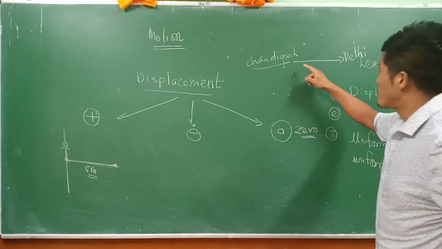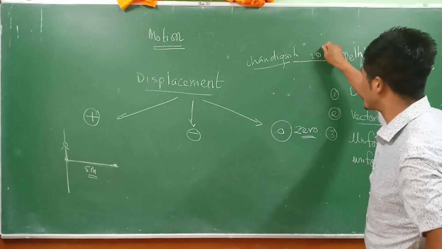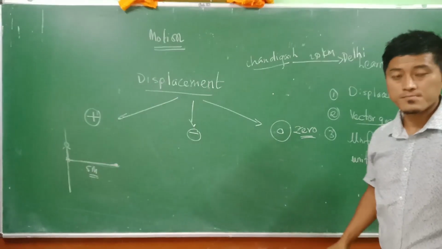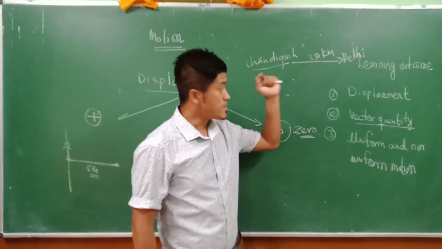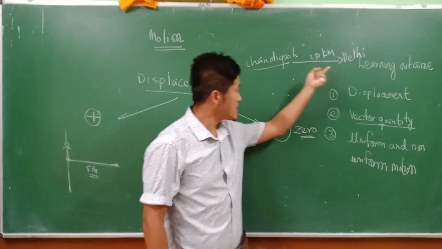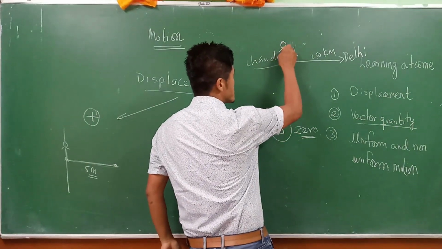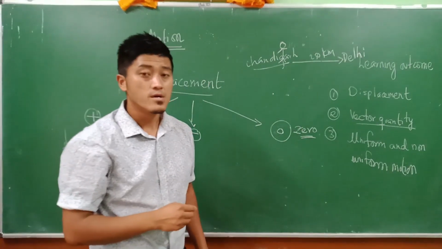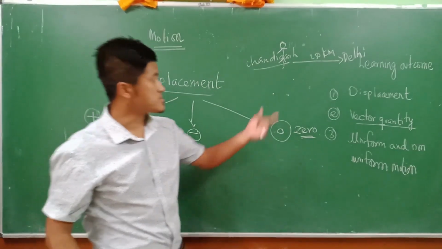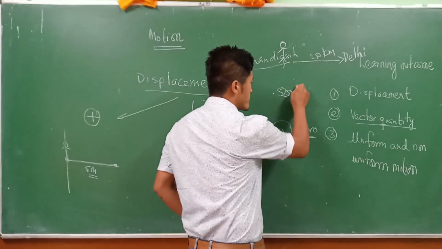From Chandigarh to Delhi is about 250 kilometers, right? So a person travels from Chandigarh to Delhi, but he comes back from Delhi to Chandigarh the same day. His initial position is here and his final position is back here at Chandigarh. So the distance traveled by this person could be 500 kilometers.